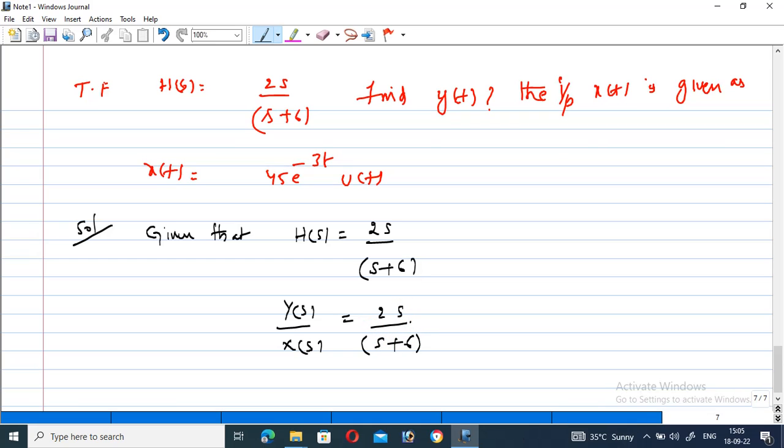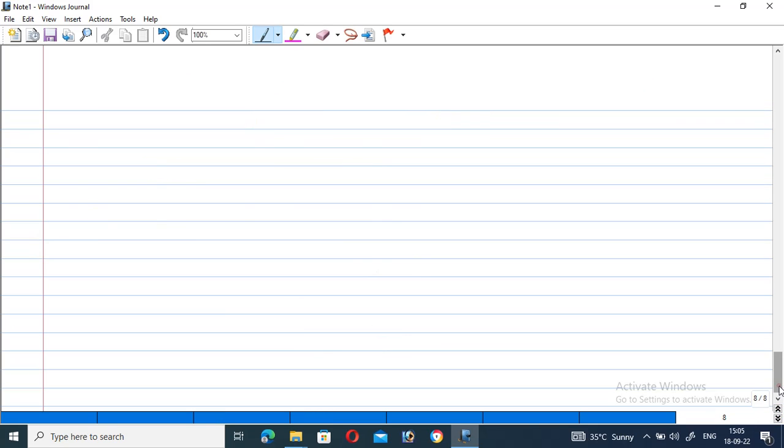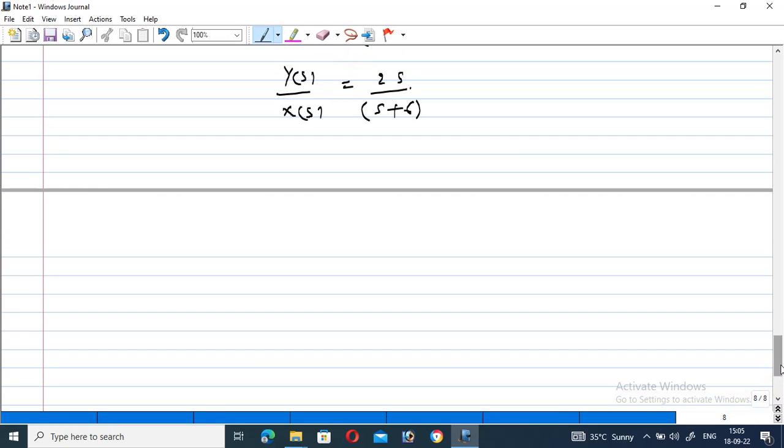The Y(s) value, right? Therefore, from this equation, Y(s) is equal to 2s by s plus 6, right, into X(s). Now you have to find out the X(s) value.